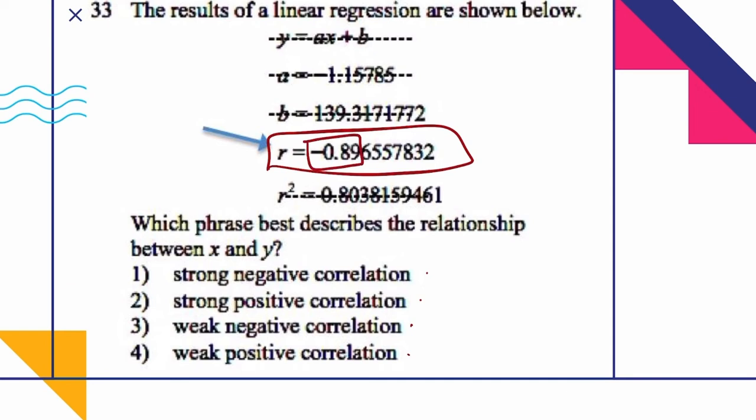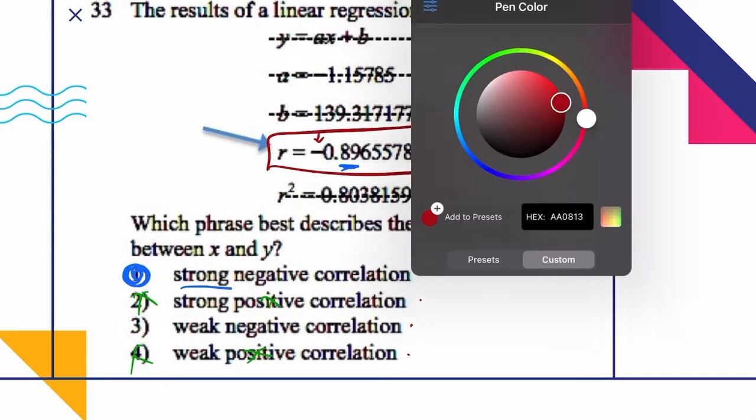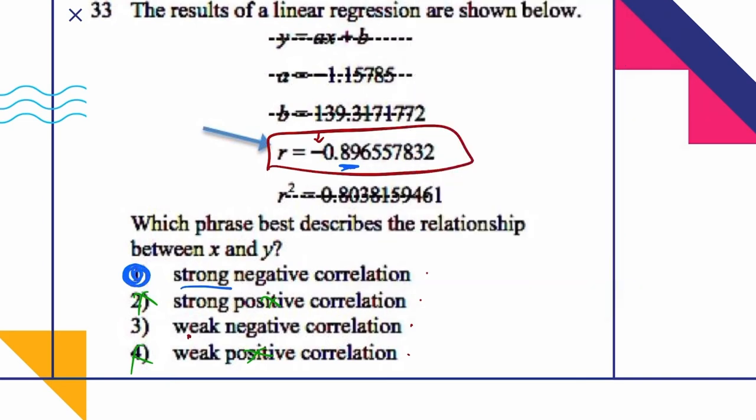What do you think? Well, first of all, it's clearly negative, so I get rid of any choice that says positive. And an 89, that's a high number. That would be a high test score. So I'm going to say that that would be strong. A weak correlation would be something like negative 0.25 or something like that, like a 25. That's not good for if it was a test score.